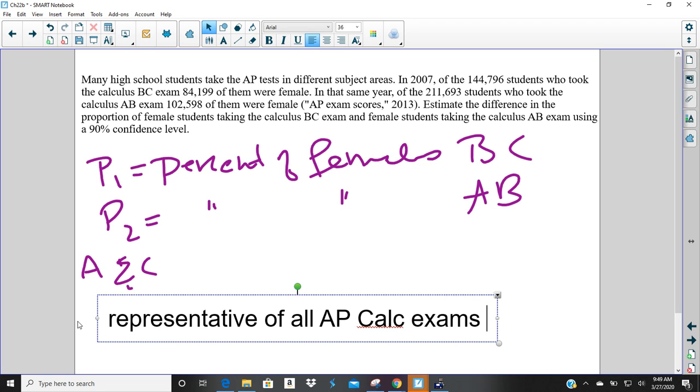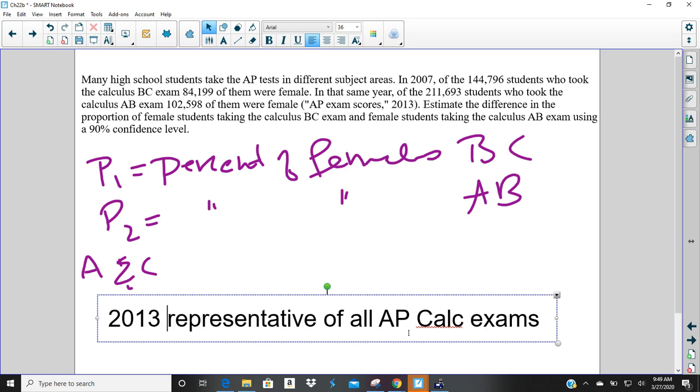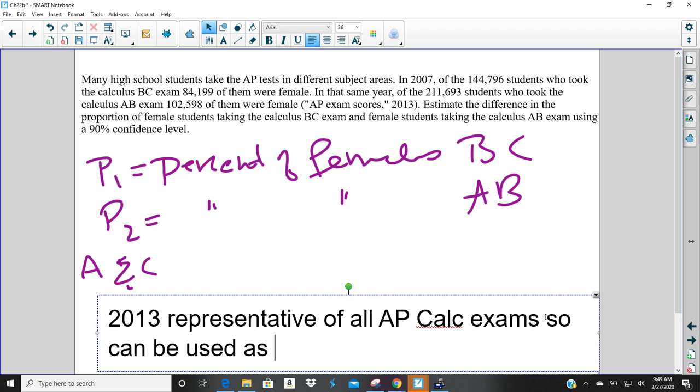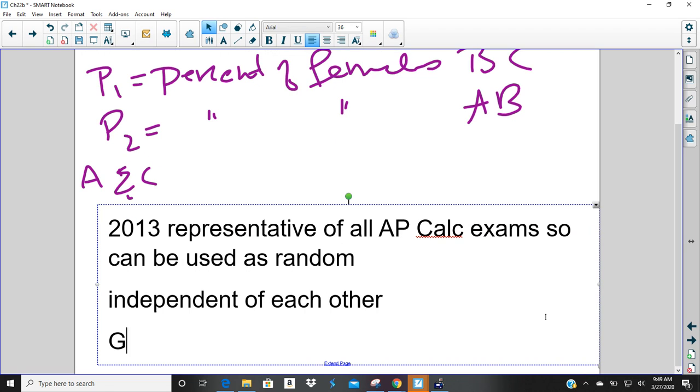So the 2013 data is representative, so it can be used as random. Since we have AB and BC, those people don't take the same test, so they are independent of each other, and the groups are independent of each other.